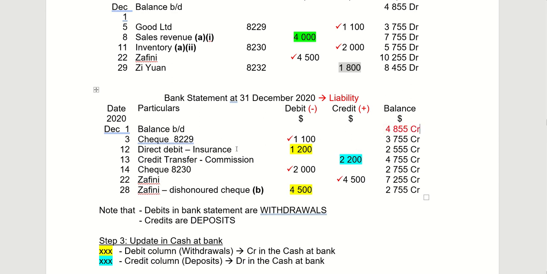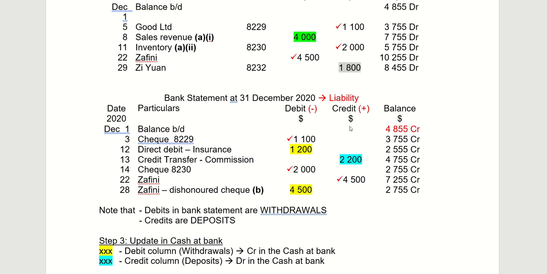Just to remind you, because the value in the bank statement is a liability to the bank, the accounting rule is minus, plus. The normal balance of a bank statement to the bank is a credit. Debits in the bank statement are withdrawals and credits are deposits.